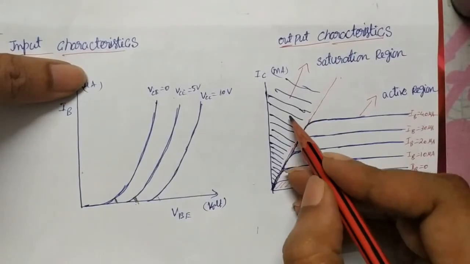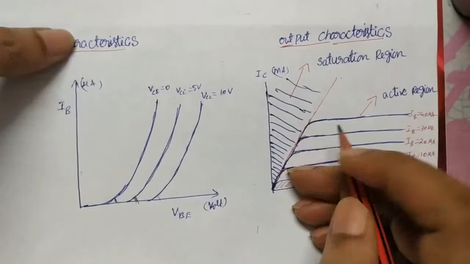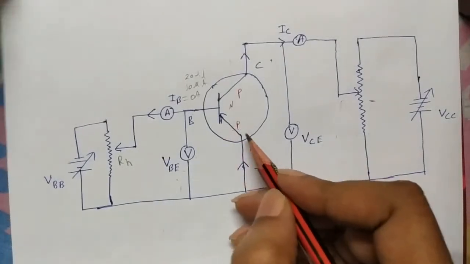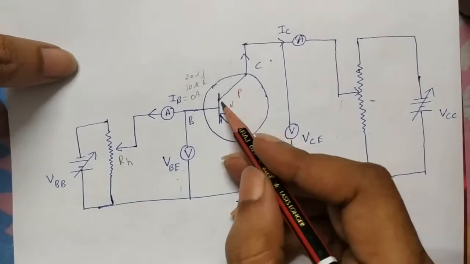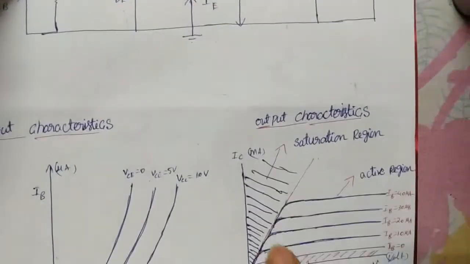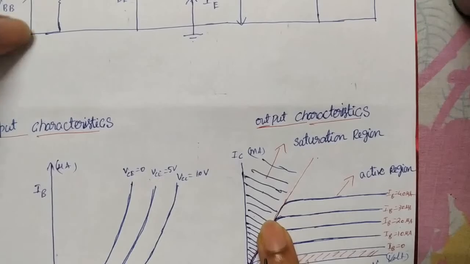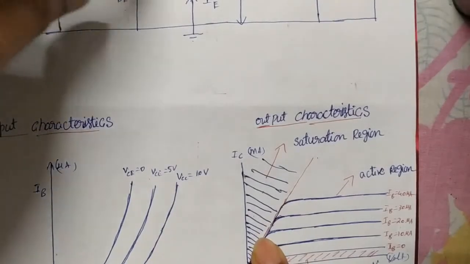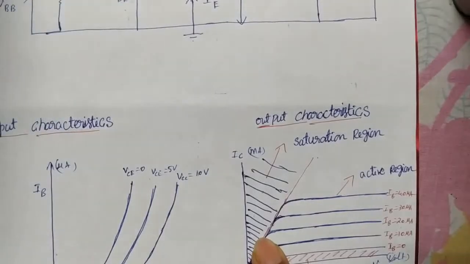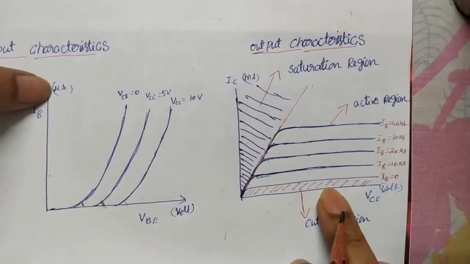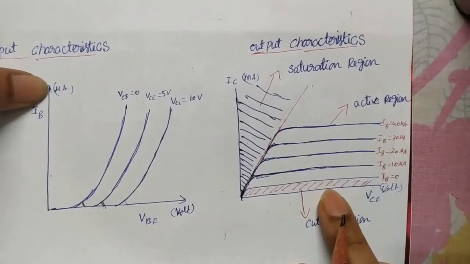We can get a value in this region when both junctions, the emitter-base junction and the collector-base junction, are forward biased. So in the saturated region, both are in forward bias, and we can say the transistor is in the switch-on position. Cutoff region means both are reverse biased, a very small current is flowing, and we can say the transistor is in the switch-off position.